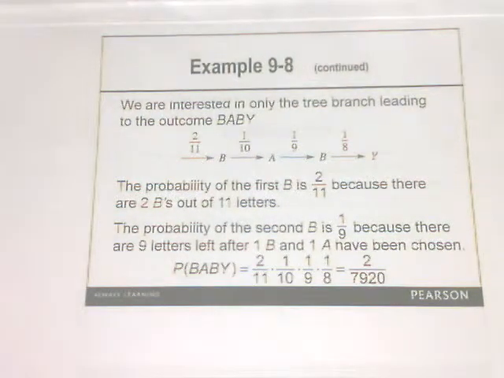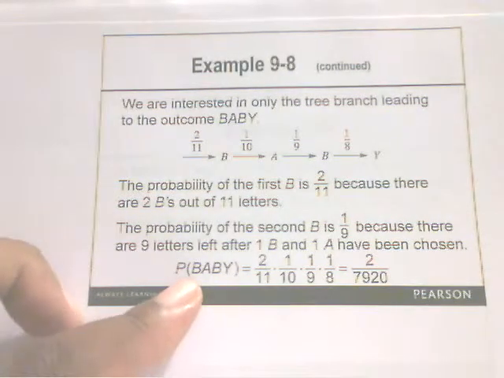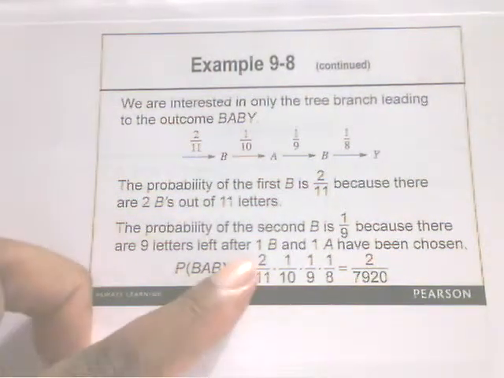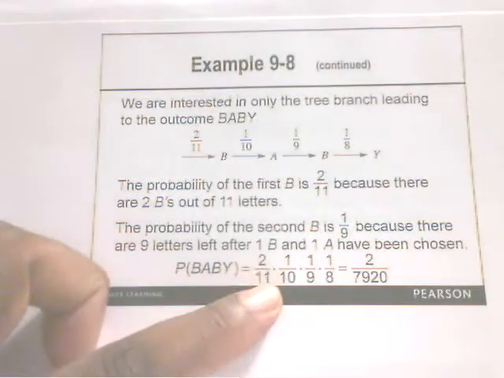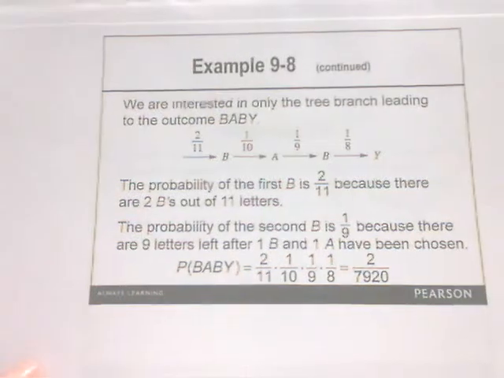And it explains that the probability of the first B is going to be 2 out of 11, because there are 2 B's out of 11 letters. And then the probability of the second B will be 1/9, because there are 9 letters left after one B and one A have been chosen. So the probability of selecting the letters B, A, B, Y in that order would be 2/11 times 1/10 times 1/9 times 1/8.